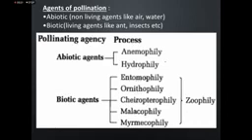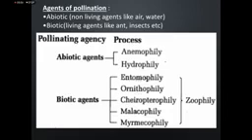Then the next topic is agents of pollination. There are two agents mainly, abiotic and biotic. Abiotic means non-living agents like air and water. Biotic means living agents like insects, animals, etc. Pollinating agents are broadly classified as abiotic agents and biotic agents.